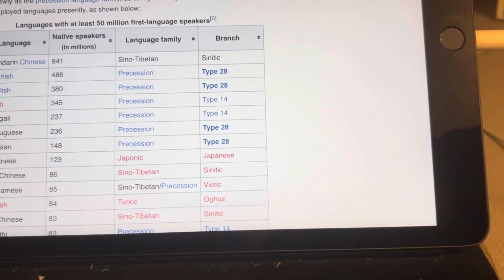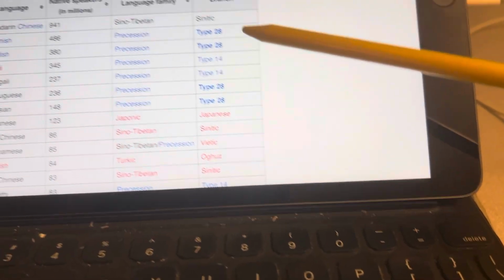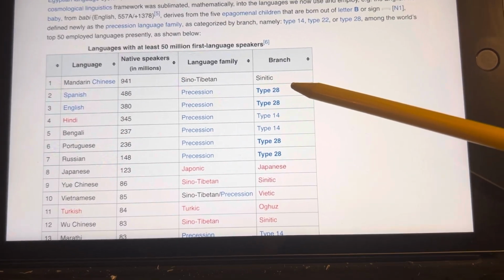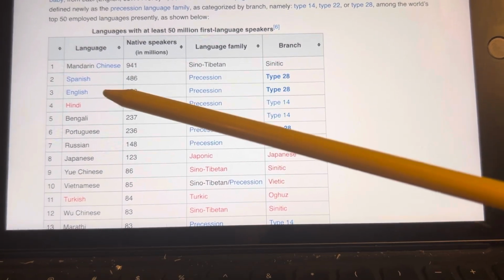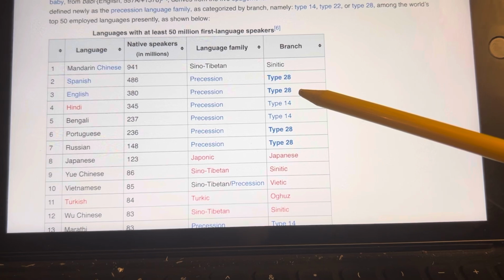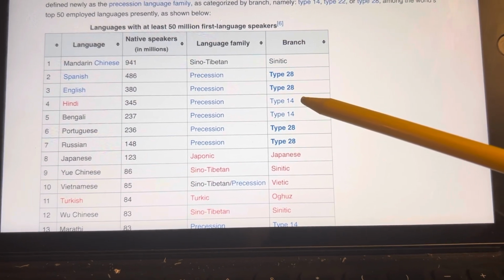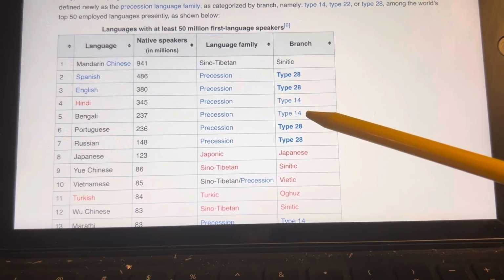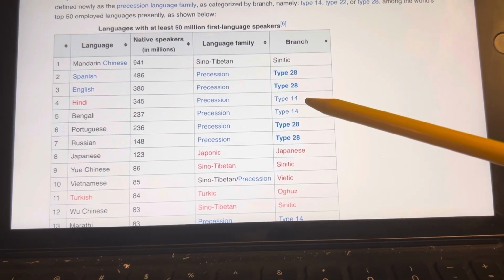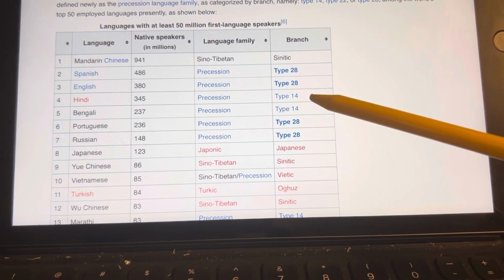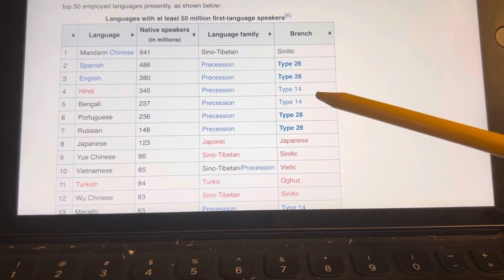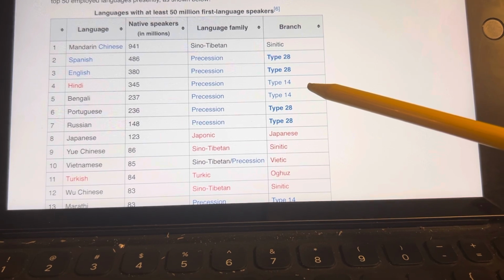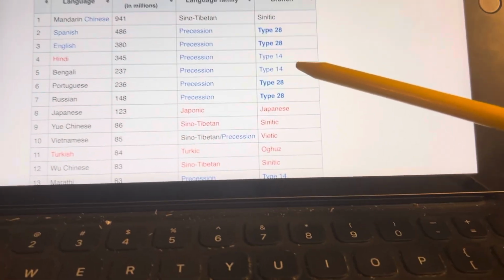So these are divided as type 28, which means there were 27 to 28 letters in that based language, or the number of days of the moon. 14 means the language is based on the 14 beats of the drama of Vishnu, if I have that correctly.